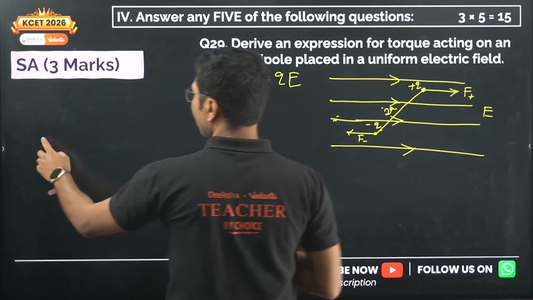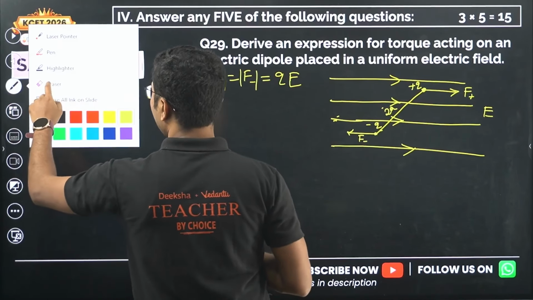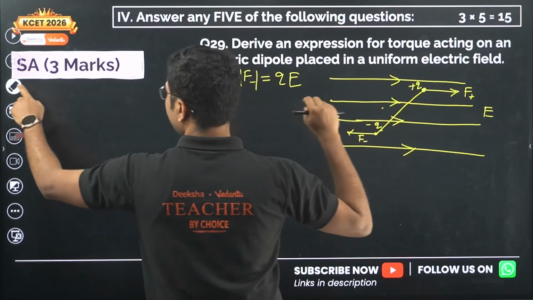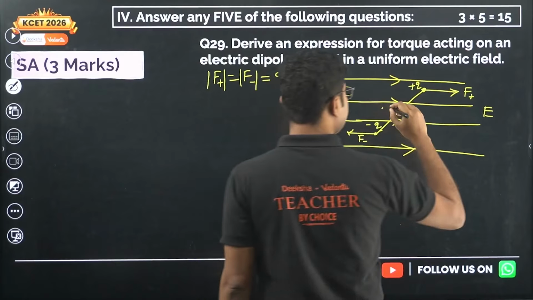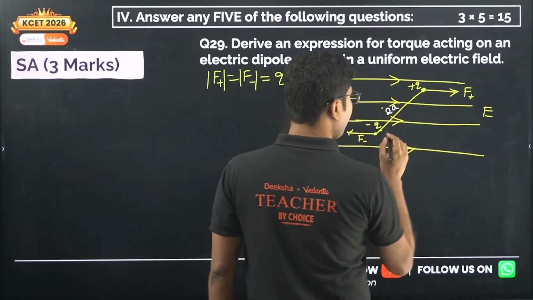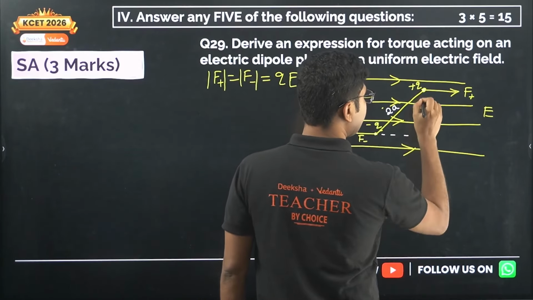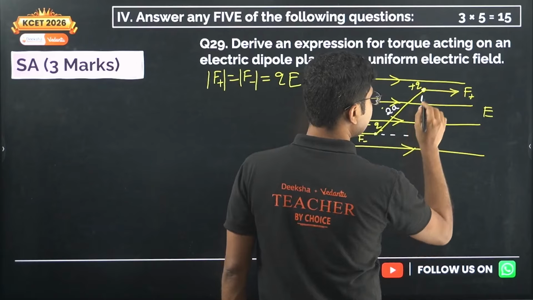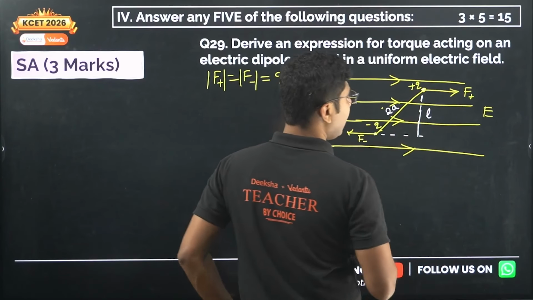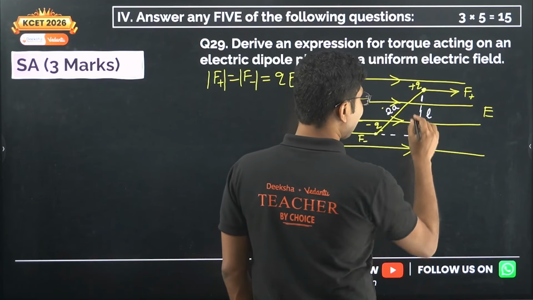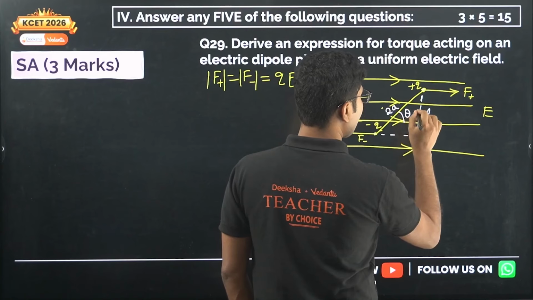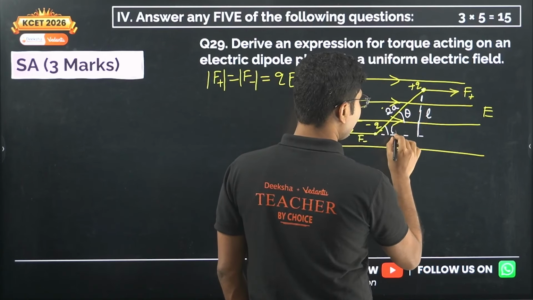So you have to draw the diagram carefully and label it properly so that there is no confusion. So the distance is 2a. Now what you have to do, you have to extend this. So what is this distance? This distance is L. So what is L? If this angle is theta, then this angle will also be theta.